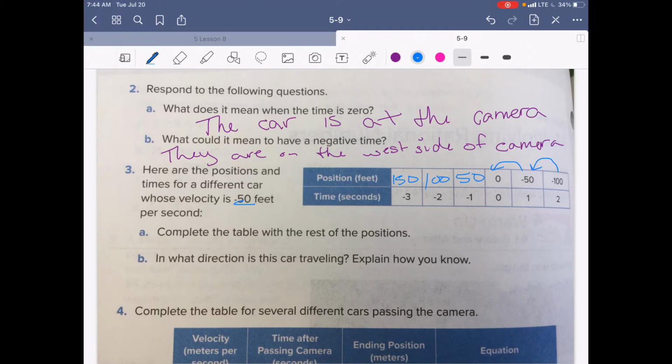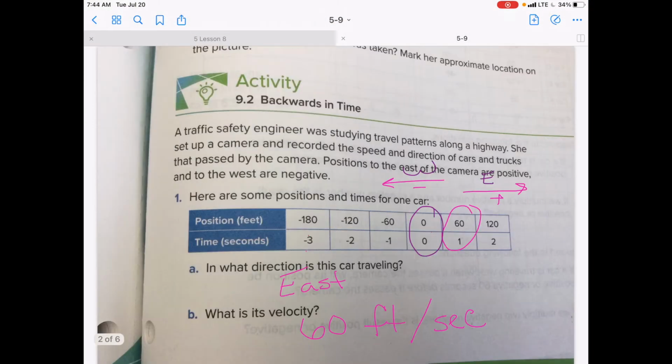What direction is this car traveling? That can be tricky. What direction do you think the car is traveling? Well, let's look at our other one. We had negative distance and negative time while going east, and positive distance and positive time going east.